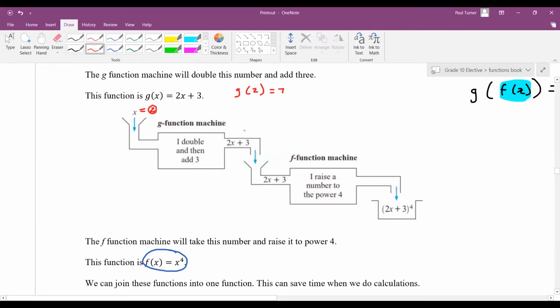You'll get the new number coming out, which is 7, yes? So then this number goes into your new function. So put 7 in here, and it's telling you to raise that to power 4. So you'll end up with 7 to the power 4. Okay, and that's basically how it's working.